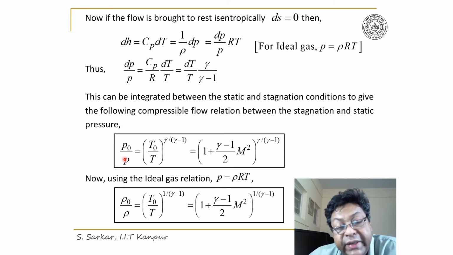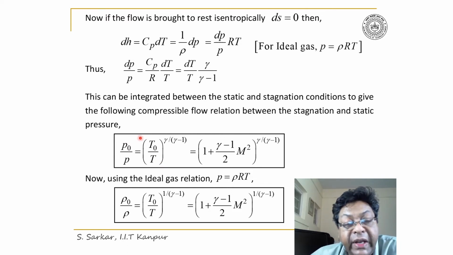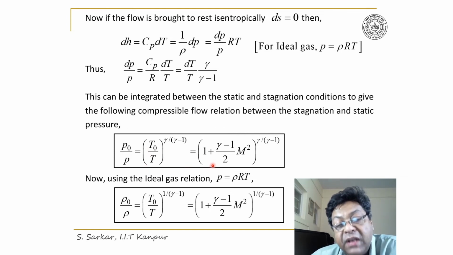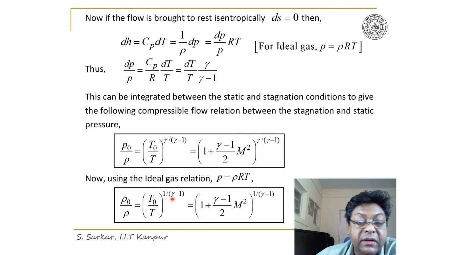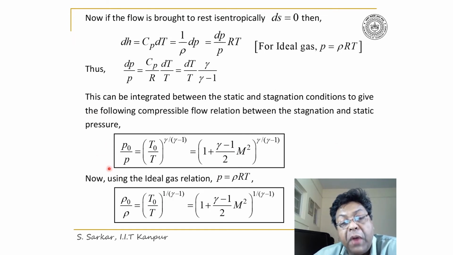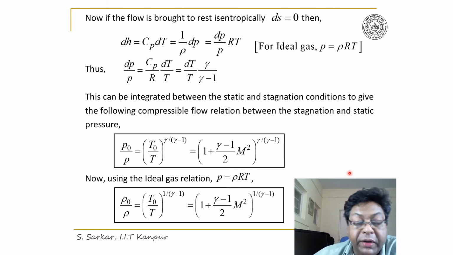So this is a relation between total pressure and total temperature from the static quantities in the isentropic flow. Now again, I have already proved T0 by T is equal to 1 plus (gamma minus 1) by 2 M squared. Thus I can write P0 by P is equal to T0 by T to the power gamma by gamma minus 1, which is equal to, within the bracket, 1 plus (gamma minus 1) by 2 M squared, to the power gamma divided by gamma minus 1.